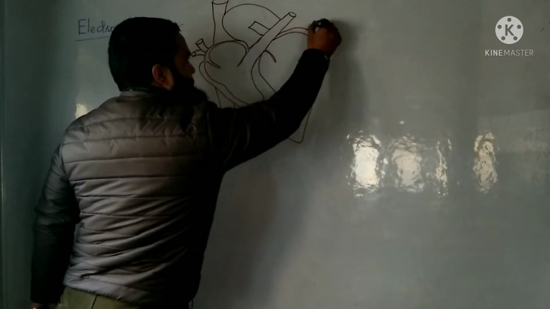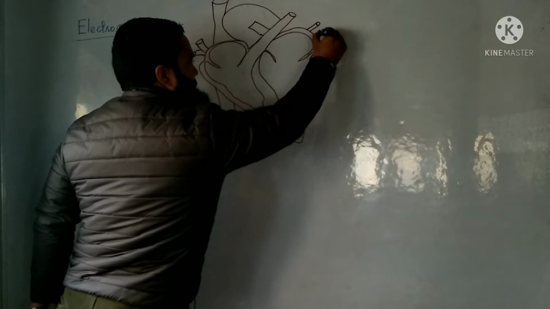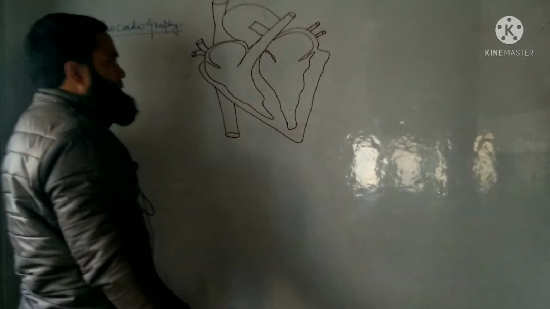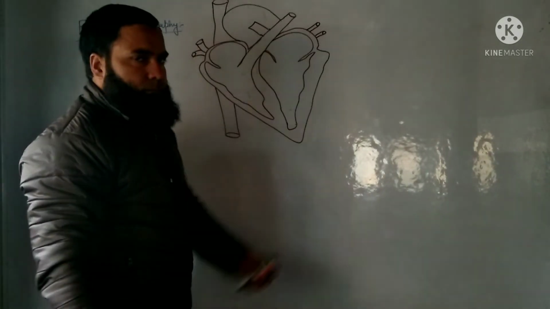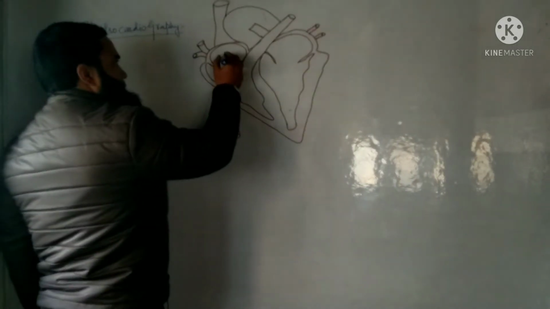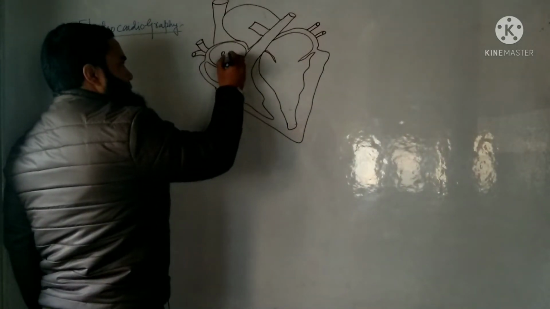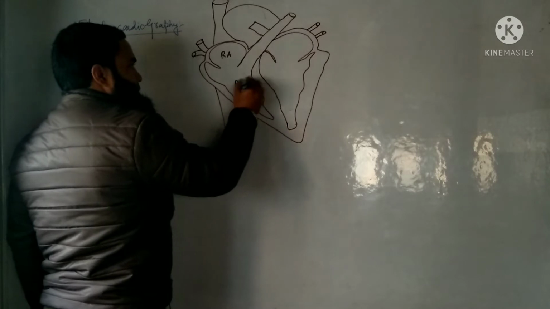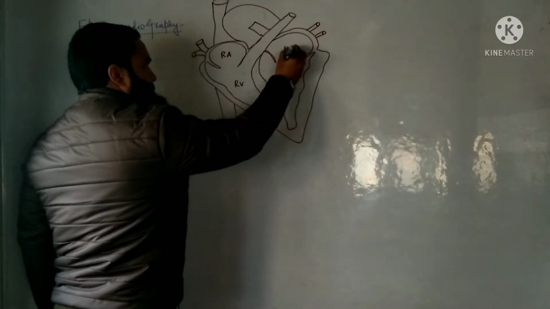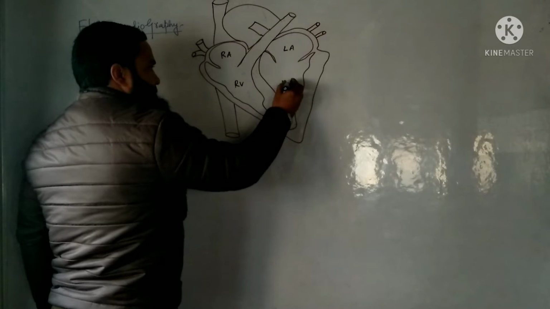These are the left pulmonary veins. This is the right auricle, this is the right ventricle, this is the left auricle, left ventricle.